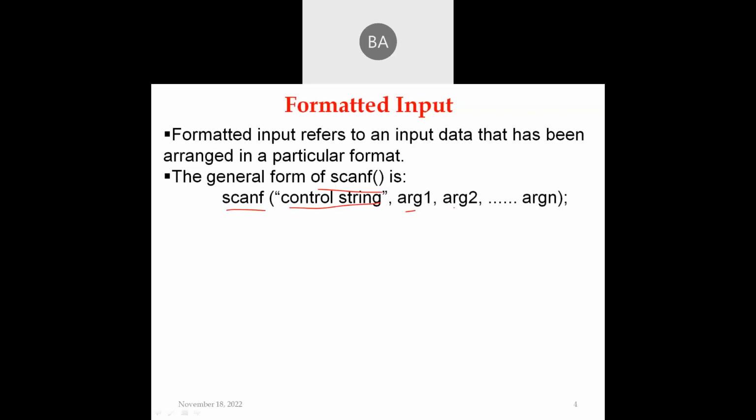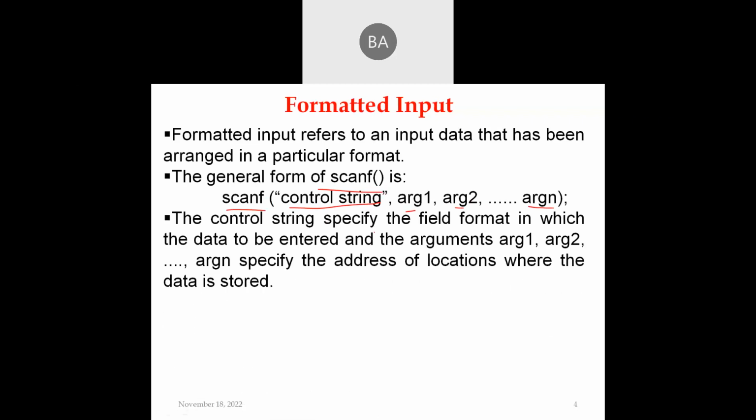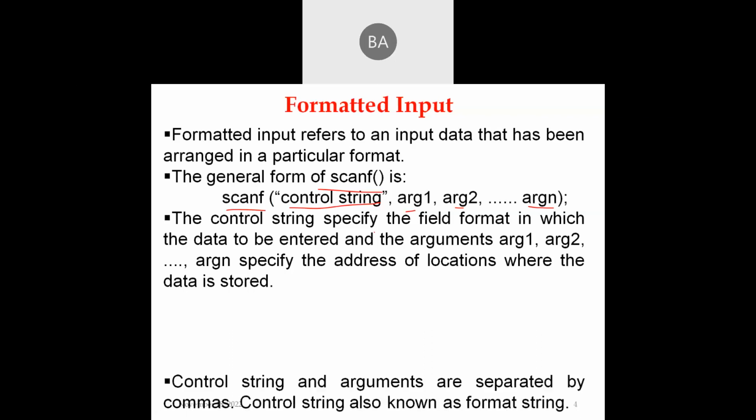Then we have argument 1, argument 2, argument 3 and so on, up to argument n. N number of arguments are there, which are nothing but the addresses of the memory locations where you want to store the data. The control string specifies the field format in which the data is to be entered, that means what type of data you are entering.